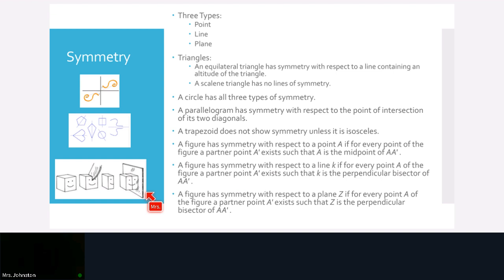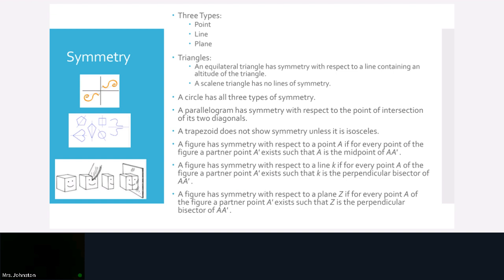Now, what kinds of figures have symmetry? Well, an equilateral triangle definitely has symmetry with respect to a line containing an altitude of that triangle. So what exactly would that look like?